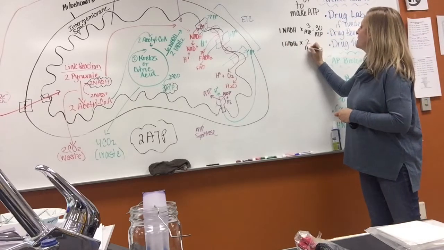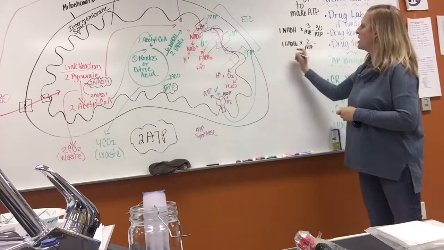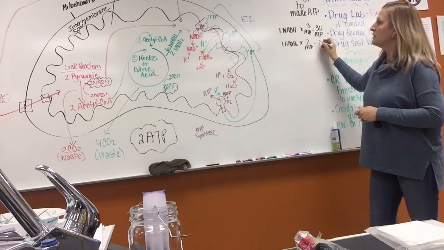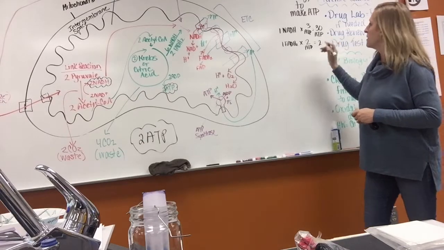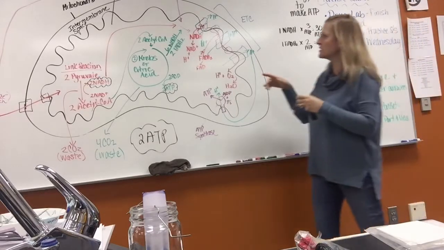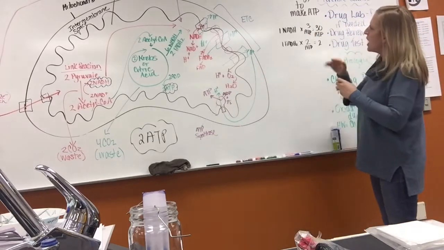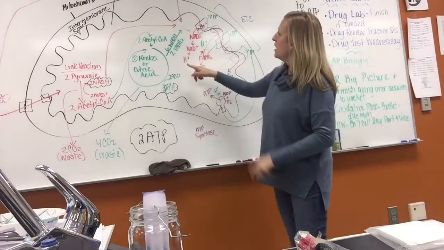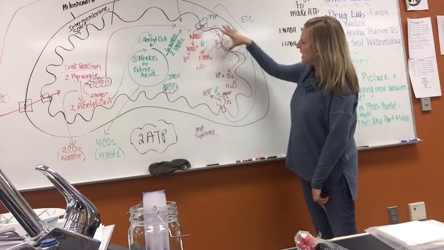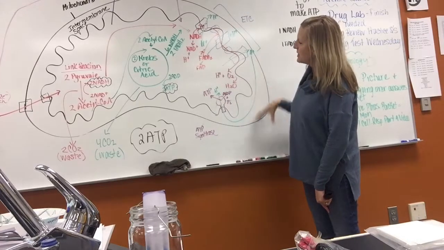All right, 2 ATP. So we get an additional how many? 2. All right, and so this is for your totals here, and so you get the majority of your ATP being made in this last step.